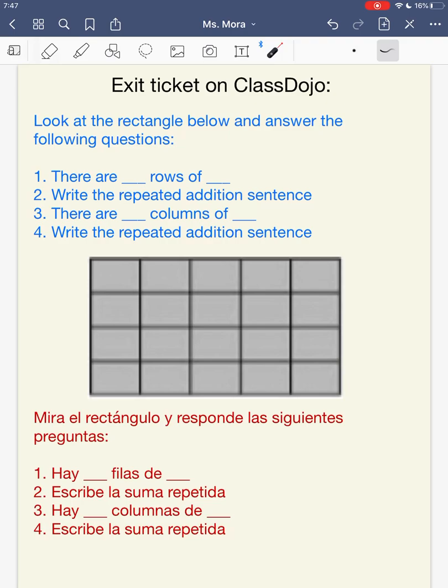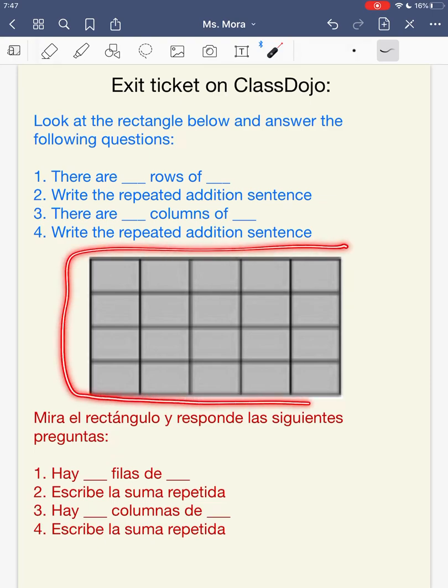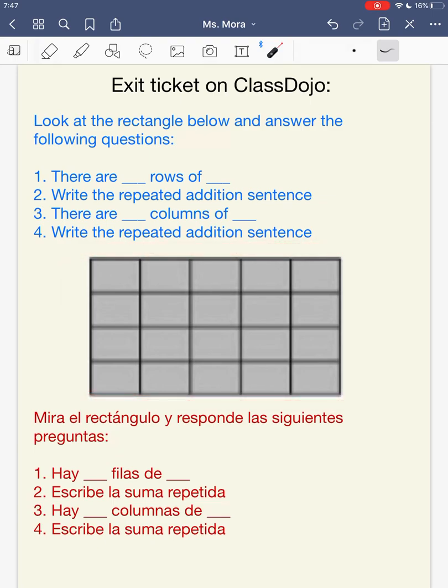Okay, so las direcciones dice mira el rectángulo y responde las siguientes preguntas. So aquí está el rectángulo. Y vas a decir, hay cuántas filas de qué, y escribe la suma repetida sobre las filas. Luego vas a escribir, hay cuántas columnas de qué, y escribe la suma repetida sobre las columnas.